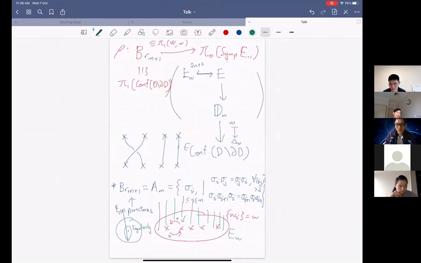Usually, I mean, we're thinking that the endpoint is always in the interior. Maybe one of these has an endpoint.